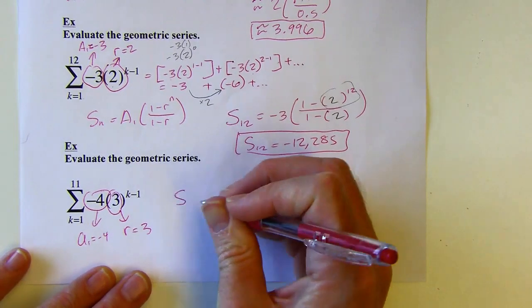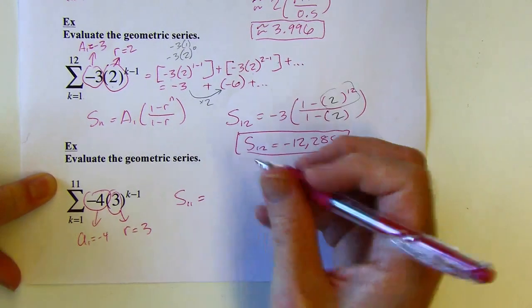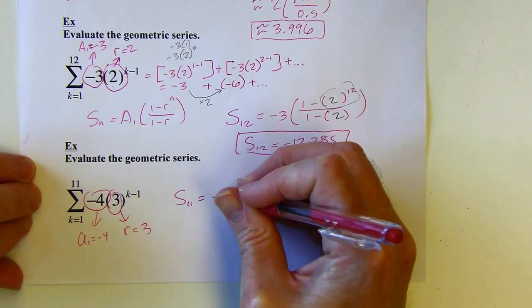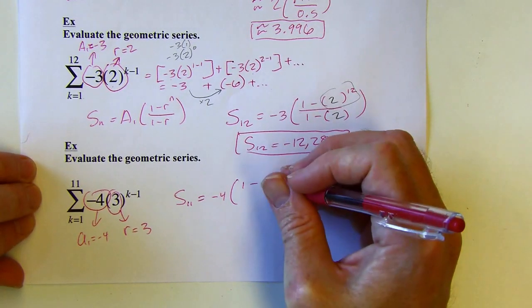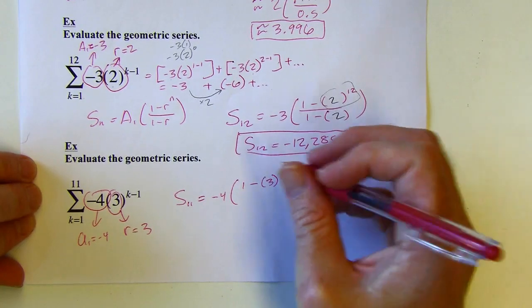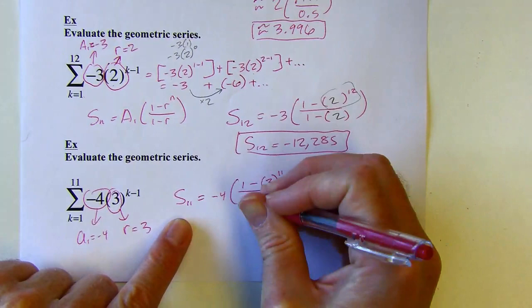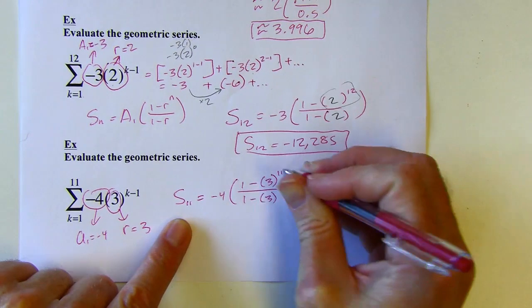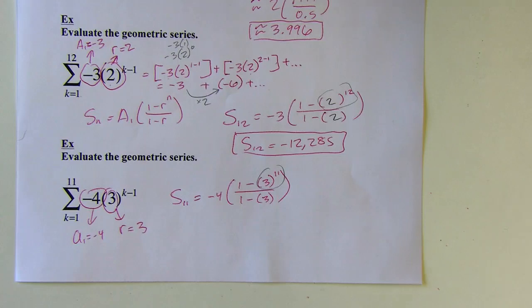So sum of the first 11 terms here. I've got the first term, which is negative 4, over 1 minus the ratio. The ratio is 3, and then I'm raising that to the 11th because I've got 11 terms. Okay, and again in my calculator, I'm going to start right there and work my way out from there.